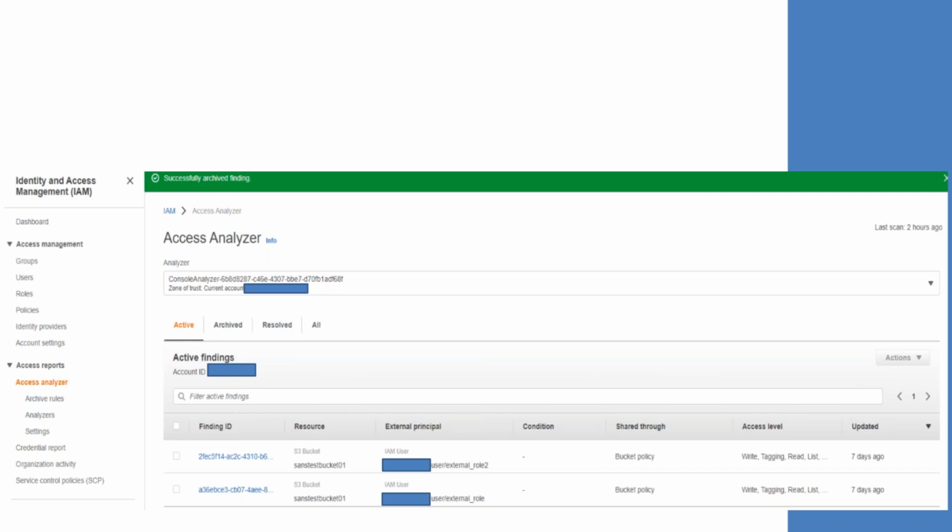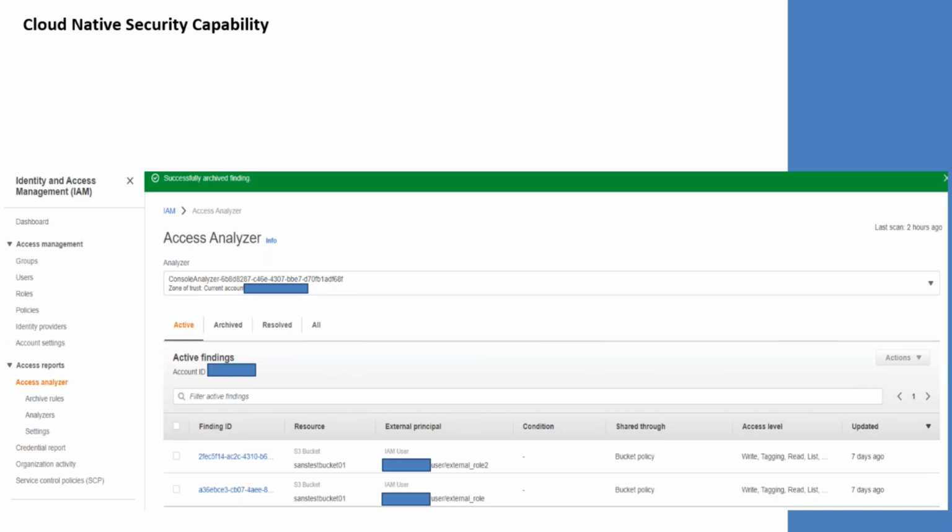So, Access Analyzer. This is a screen cap from my account, and obviously those blue boxes I covered up because I don't want people seeing my account number, sorry. This cloud native security capability allows for, and I've talked about it with some people, they ask, why is Access Analyzer inside of IAM?